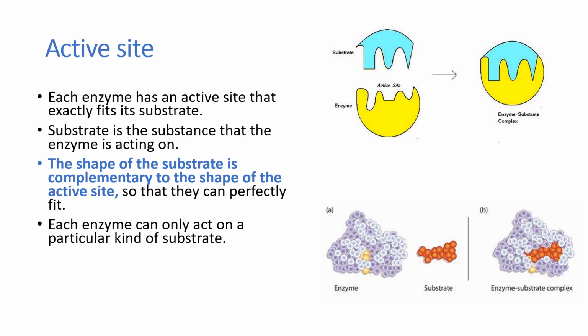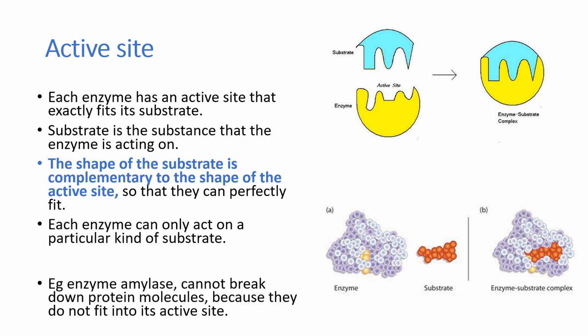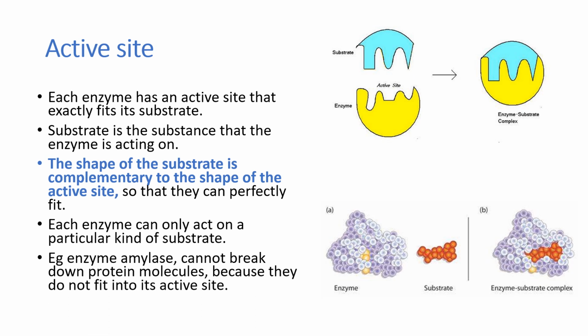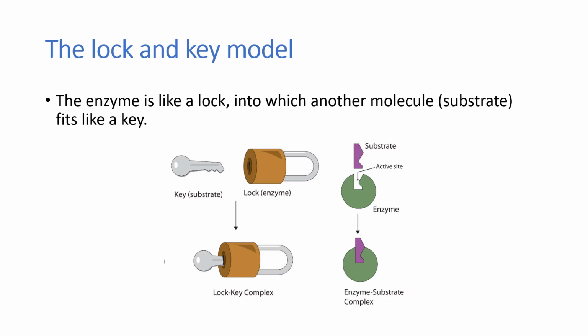Each enzyme can only act on a particular kind of substrate. For example, the enzyme amylase can act on starch molecules, but it cannot break down protein molecules because they do not fit into its active site. We can use the lock and key model to describe how each enzyme interacts with its specific substrate molecule.